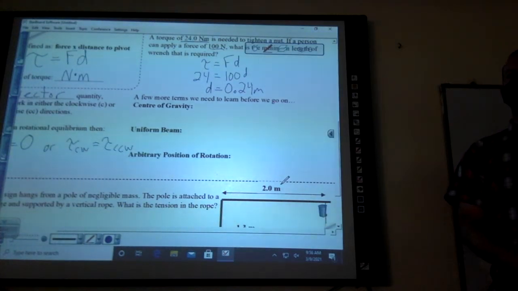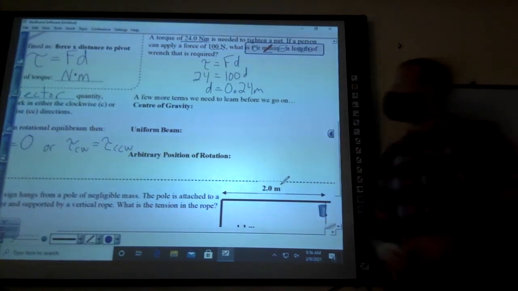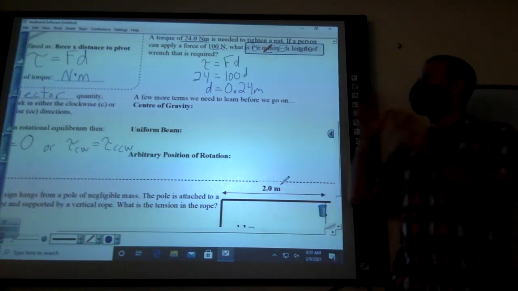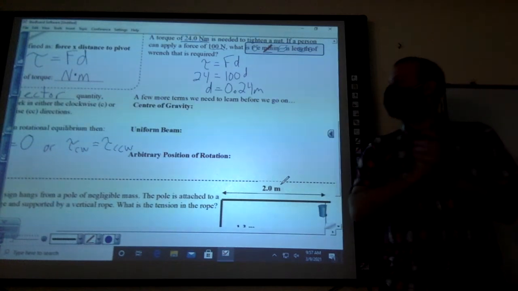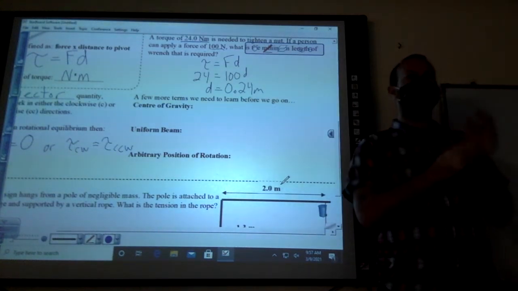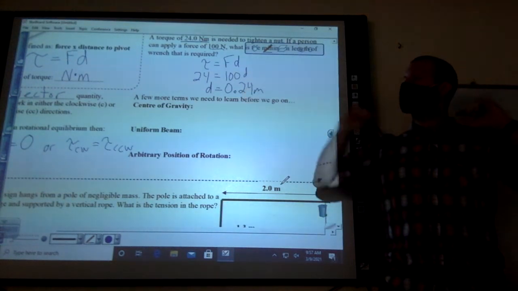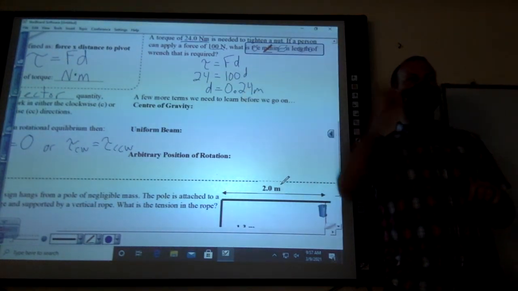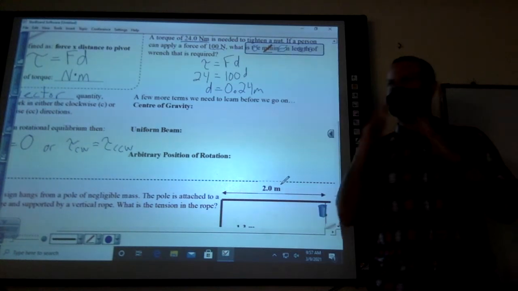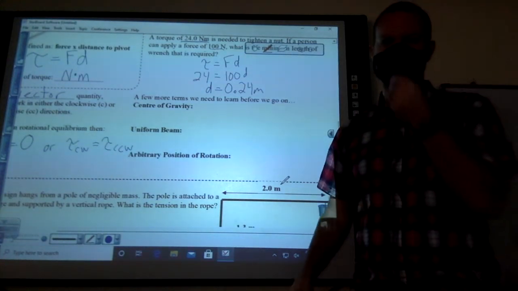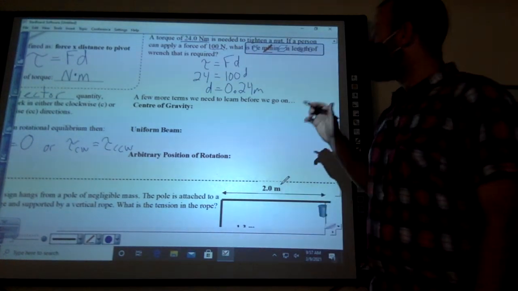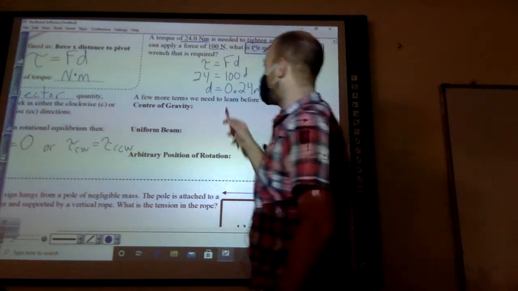It talks about the density of an object and where I can apply the force of gravity. So if I've got a long beam, the force of gravity is essentially acting at the very center of it, if it's an equal density. So the center of gravity is where the force of gravity applies.